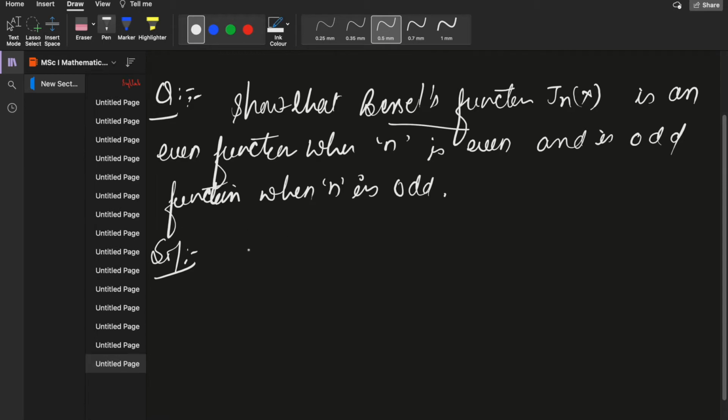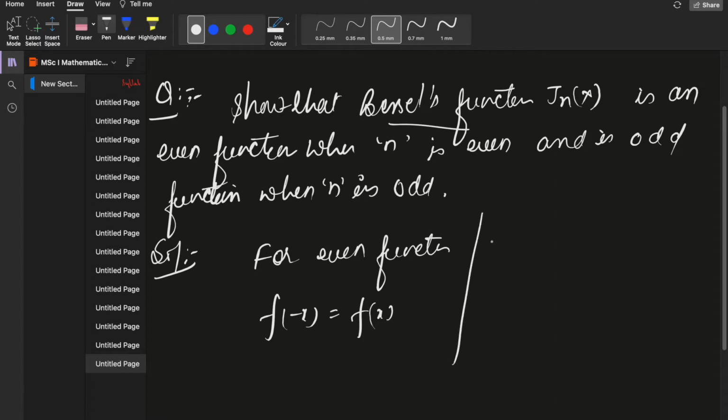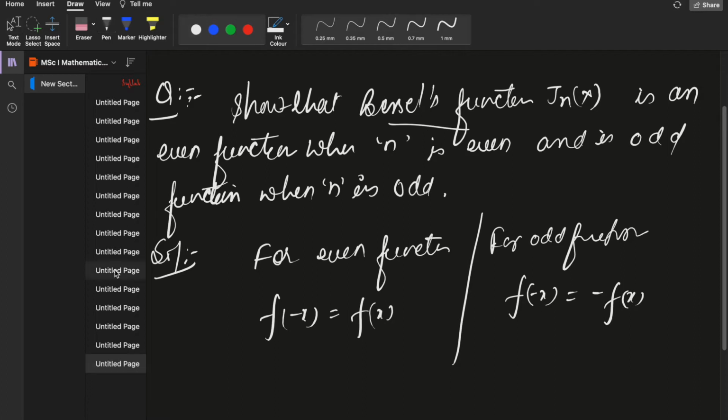So if you remember, for an even function, f(-x) will give me f(x), and for an odd function, f(-x) will give me minus f(x). Good, so this we had to remind.